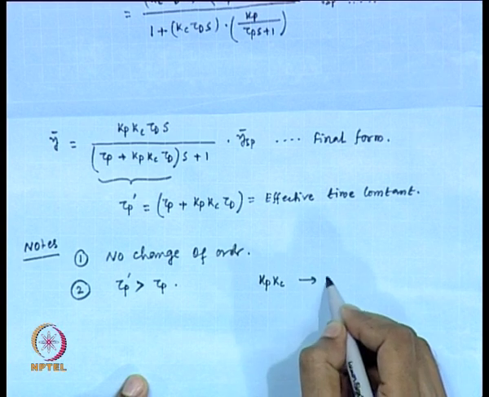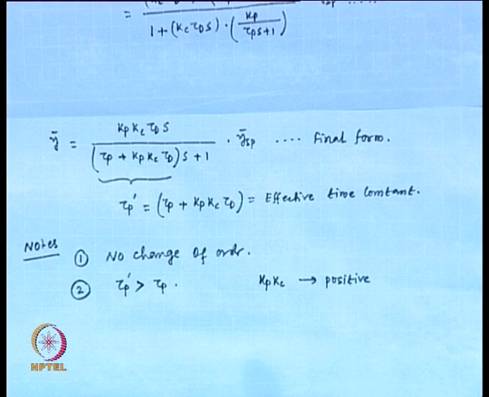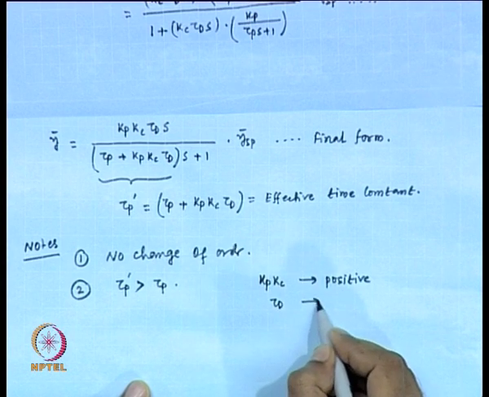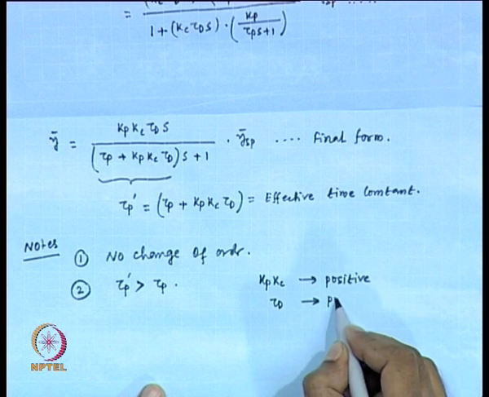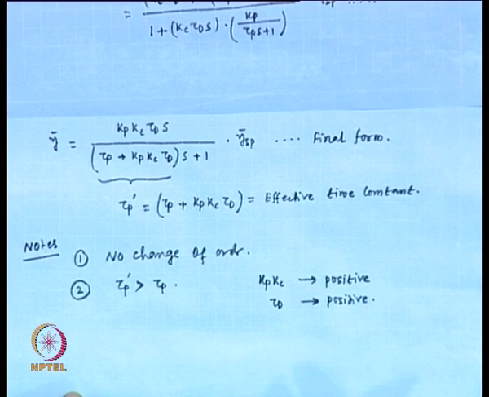The multiplication of Kp and Kc is positive, and tau d, the time constant, is always positive. So, this is also positive. Therefore, tau p prime is greater than tau p. So, what does it indicate? The overall response becomes sluggish, slower.